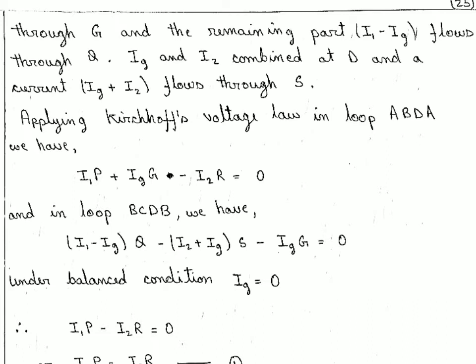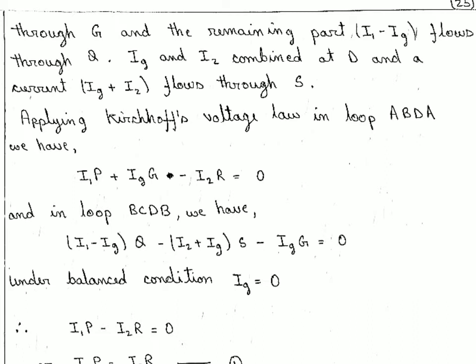Then we can use Kirchhoff's voltage law also. Here we'll apply the loop rule. On applying Kirchhoff's voltage law, we select a loop which is ABDA. In the loop ABDA, we do not see any battery, hence the EMF is 0.